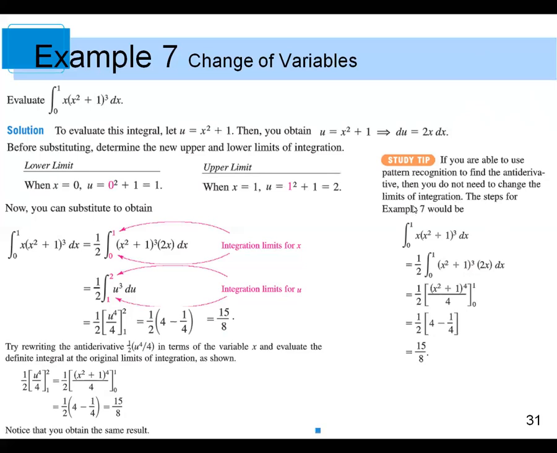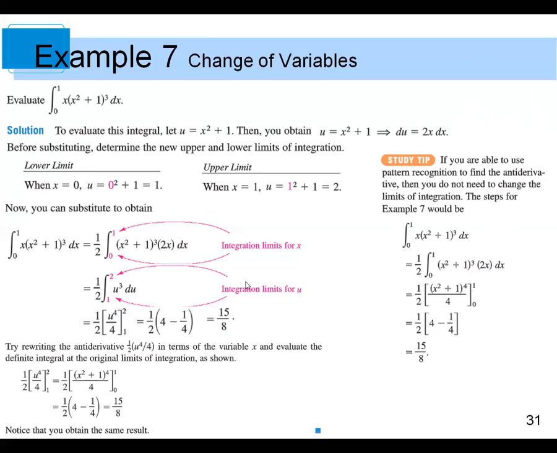So the steps for 7 would be just notice that you multiply and divide by 2, and then apply the general power rule, and then you get 15/8. But we did it with this one so that we have a relatively simple example with not too many bells and whistles in it to see how you could do it either way.